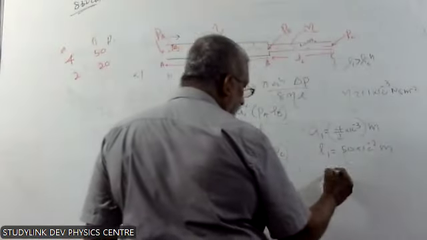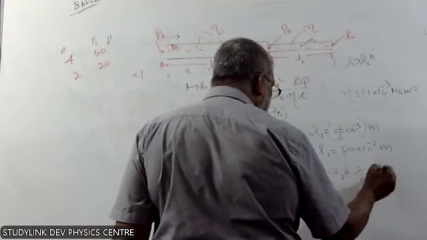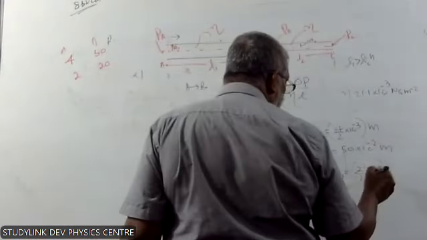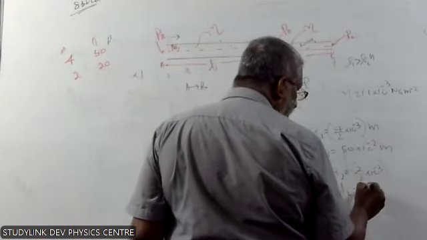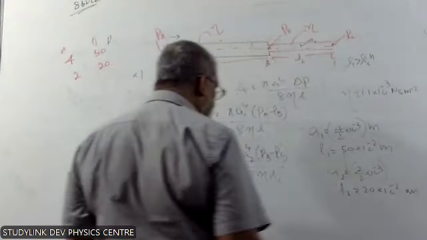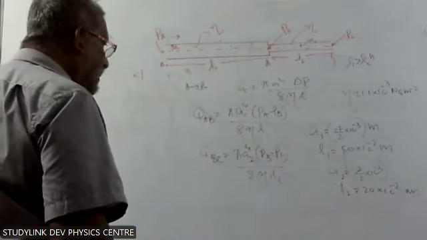Then A2 is equal to, you can substitute it, 2 by 2 into 10 to the power minus 3, because I gave the diameter. That is the reason I divided it by 2. And L2 is equal to 20 into 10 to the power minus 2 meters because it was given as 20 centimeters. Centimeters are converted to meters.